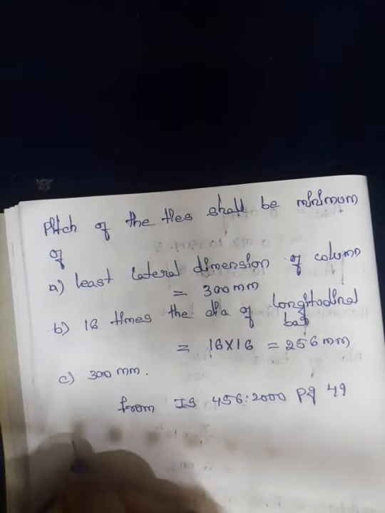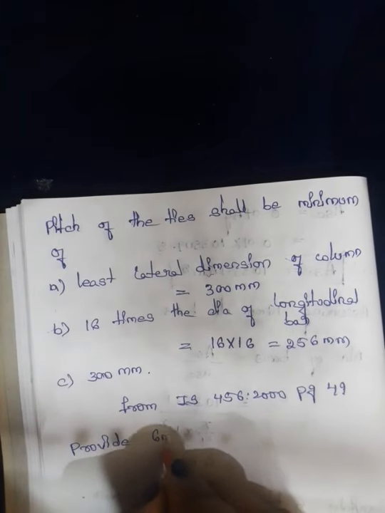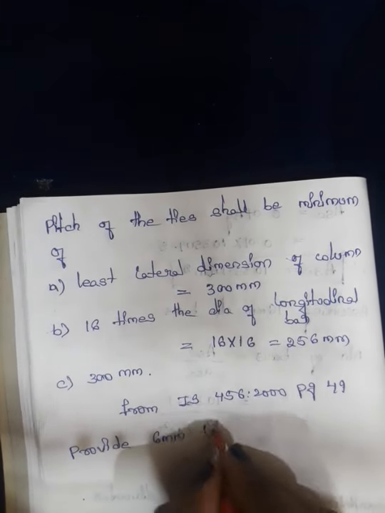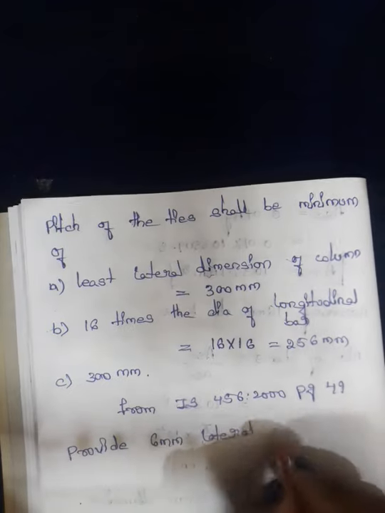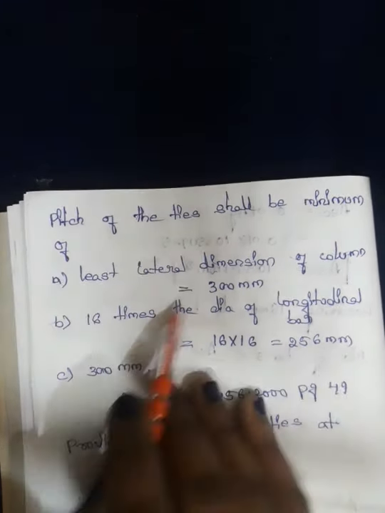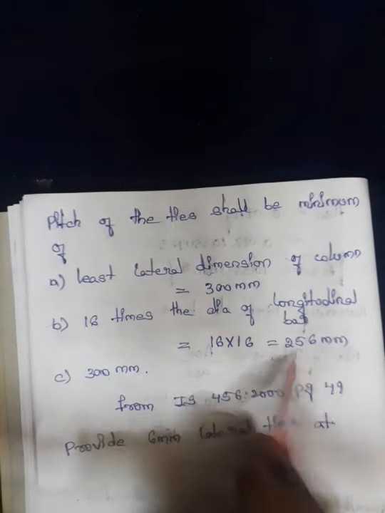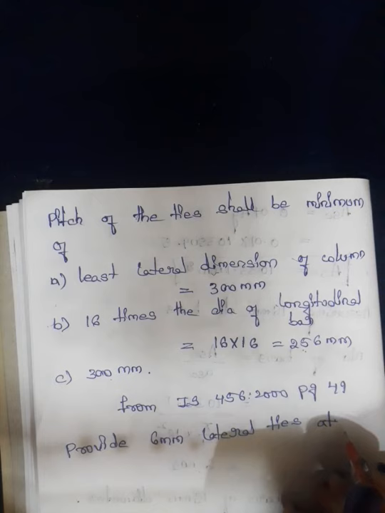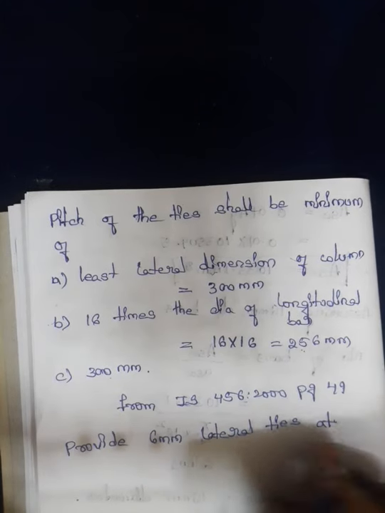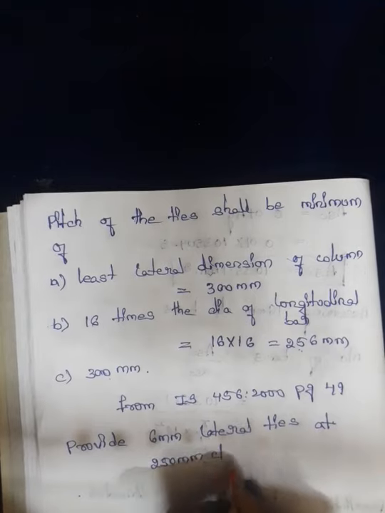So hence provide 6 mm lateral ties at, so 300, 256, 300, so 256. We'll take it as 250, at 250 mm center to center.